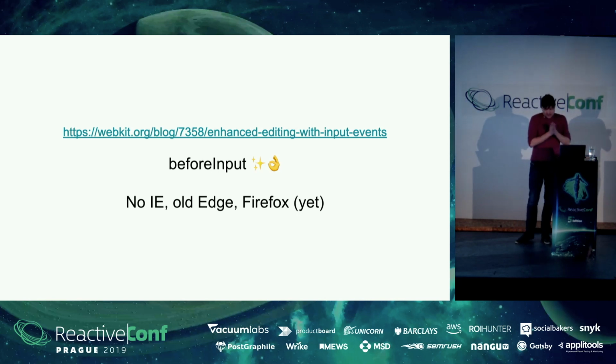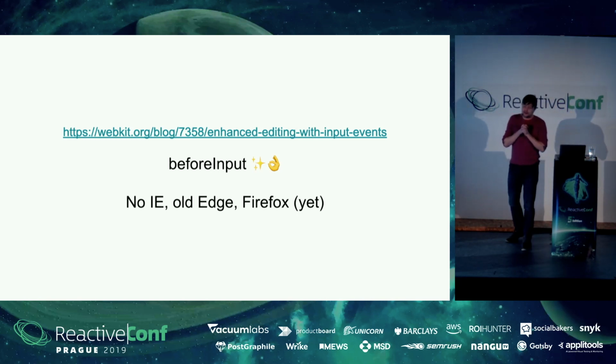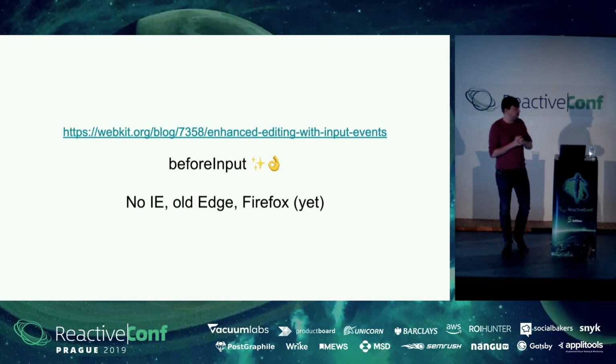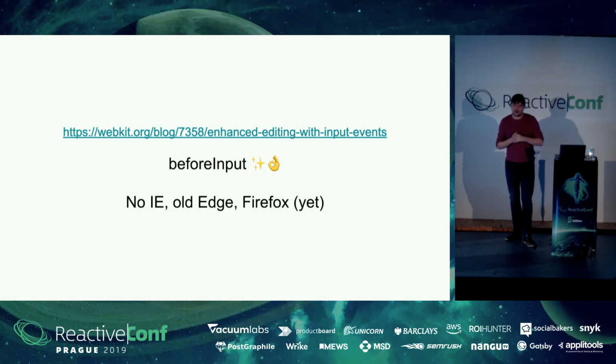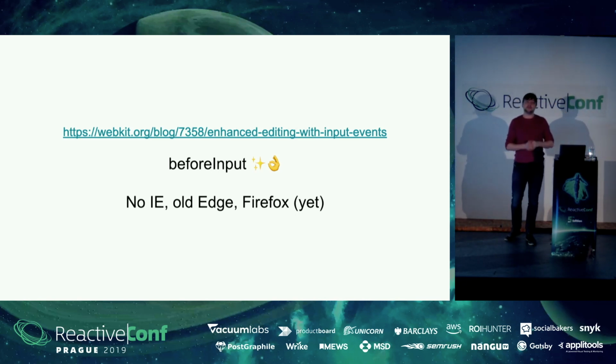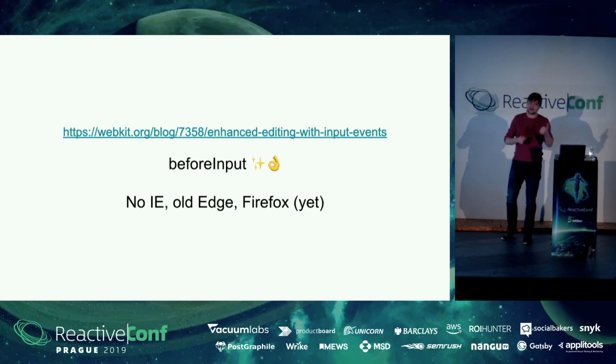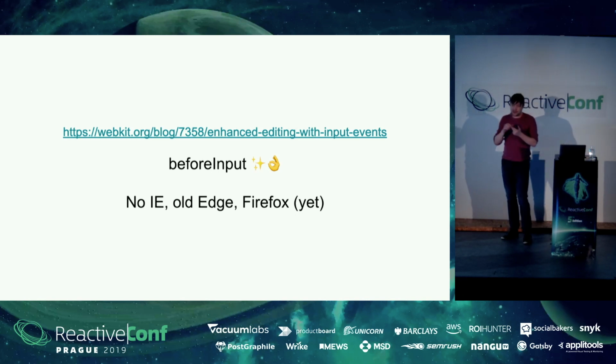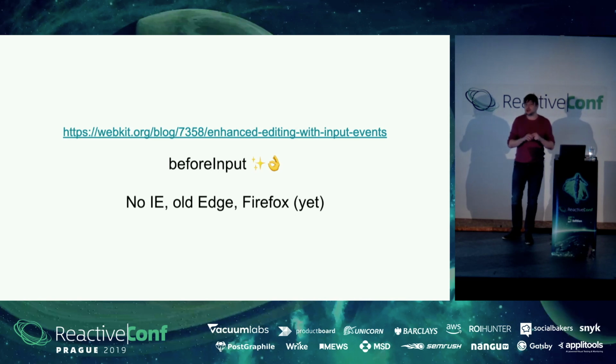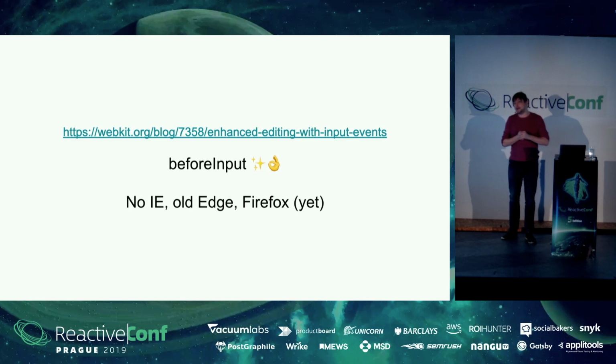The bad news is it's not for IE, not for Edge, and not for Firefox yet. Because Firefox is already working on that standard, and there was a huge political madness around that, then they finally decided, okay, we will go with it first. So now we have Firefox, soon Chrome, and Safari. And trust me, that's all the support we need, because Internet Explorer is dead, and Edge will soon be built with Chromium.